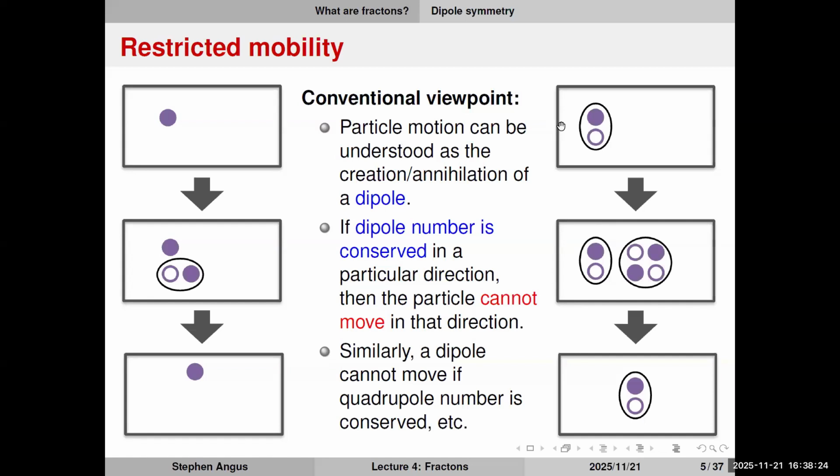So in principle there could be various multiple conservation laws. The simplest case in some simple models would be we only have dipole number conservation. So a single fracton, a single particle, cannot move, but a dipole of two particles could move.